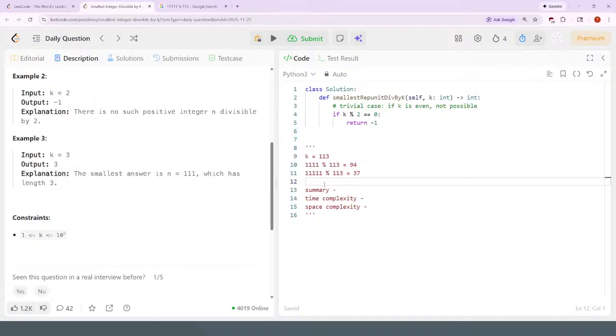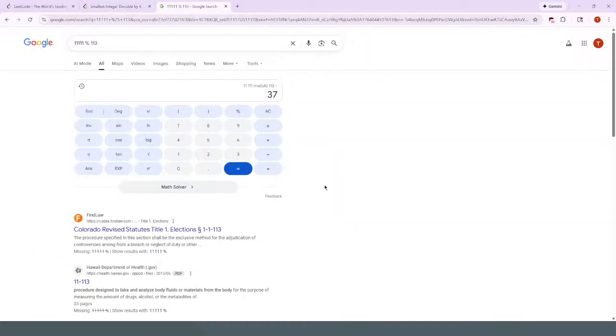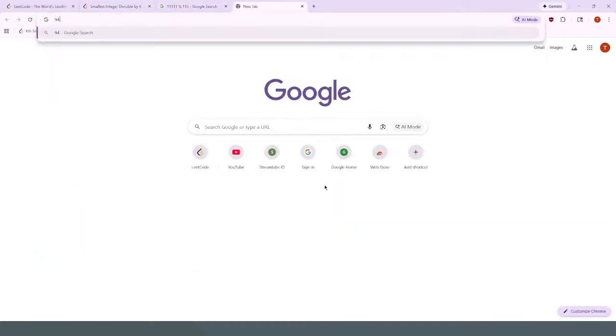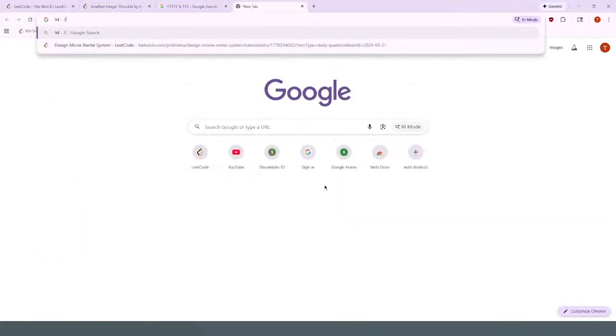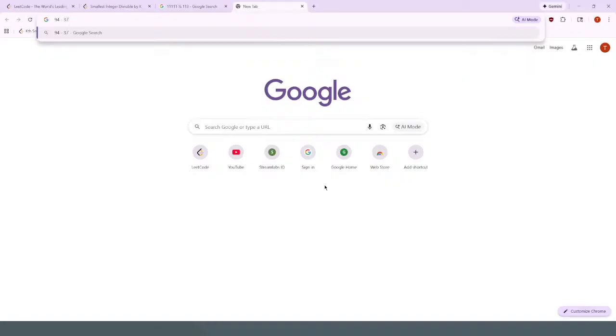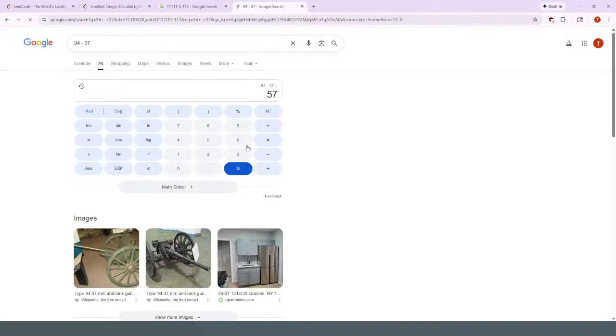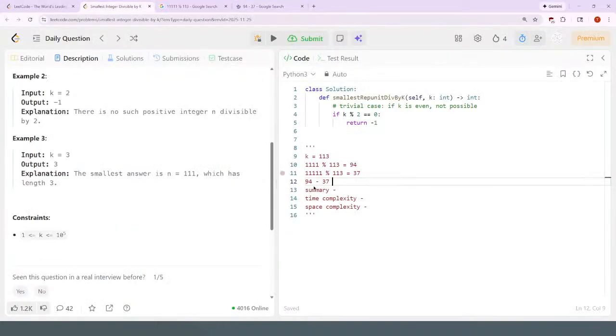I wonder if it's cyclic, like the difference between 94 and 37. 94 minus 37 is 57. I should probably have been able to do that in my head.